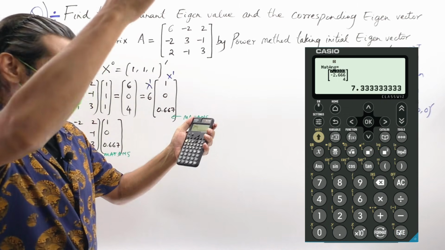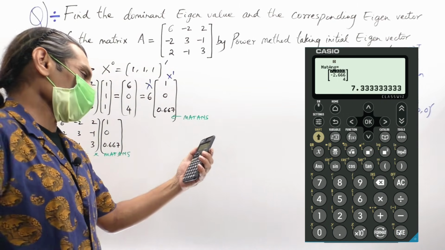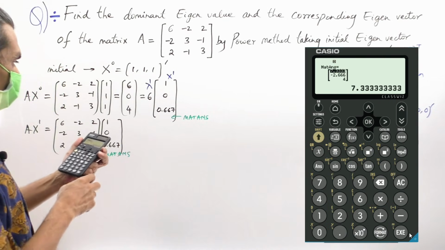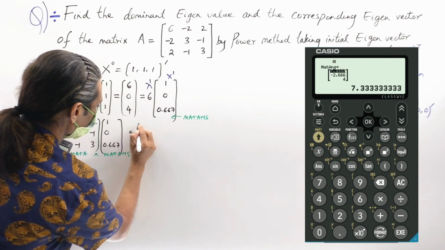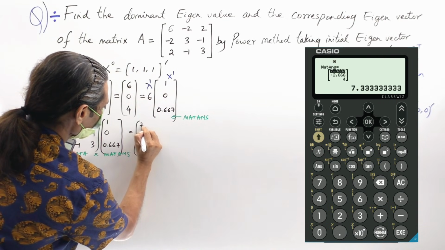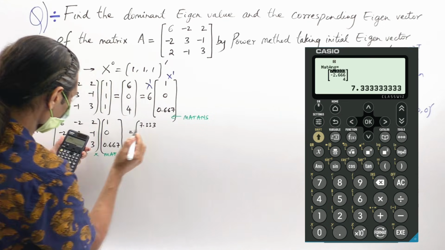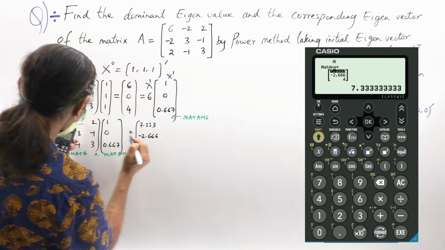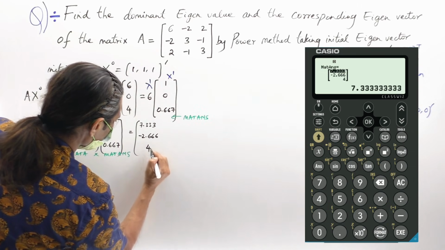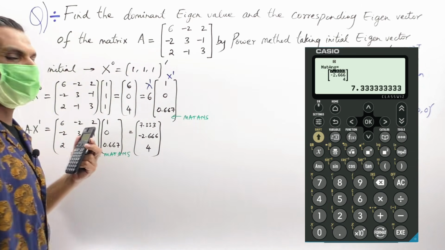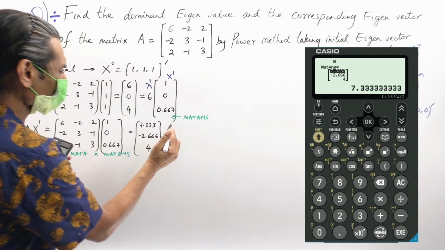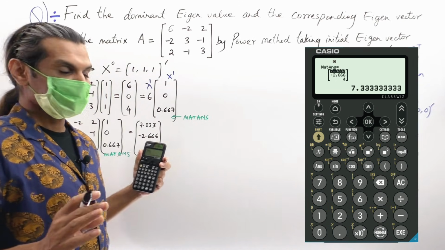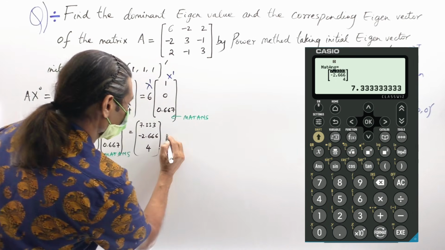Simply execute. That's it. So we get the values as 7.333, then minus 2.666, and lastly 4. So the same step repeats. Which is the highest numerical value here? 7.333.